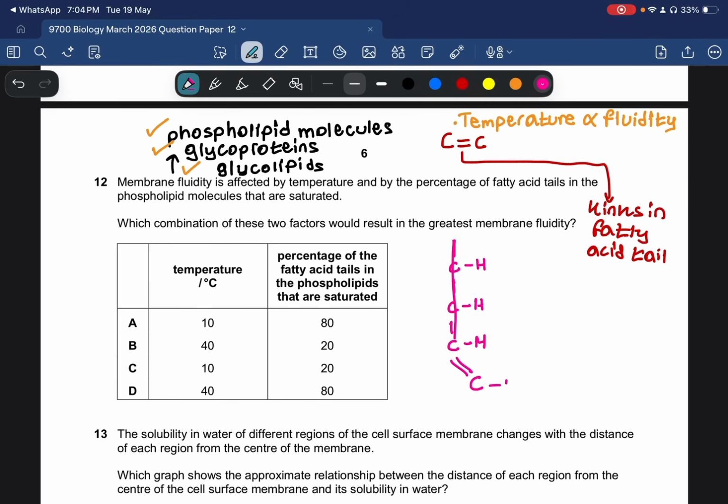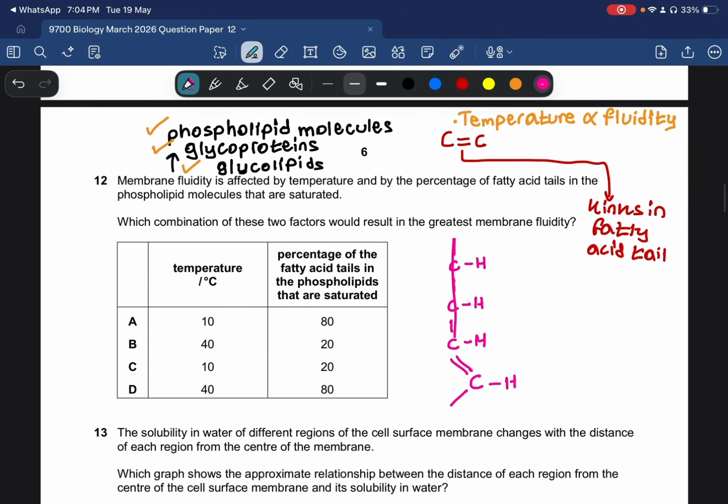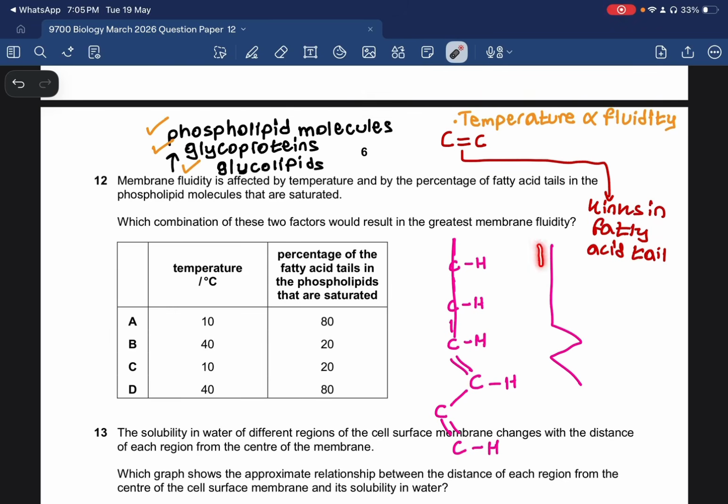Now let's say I have two carbon-carbon double bonds, like this, or not here, because then the carbon is going to have five bonds. Let's say here. So now take a look at this. Now the tail is going to look like this. If the tail has way too many kinks, doesn't that mean that more tails are going to fit in the spaces made by the kinks? Doesn't that make sense? Let me repeat.